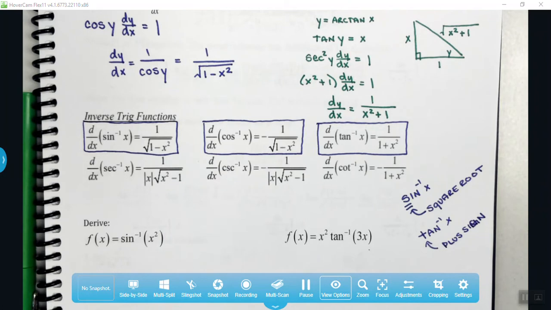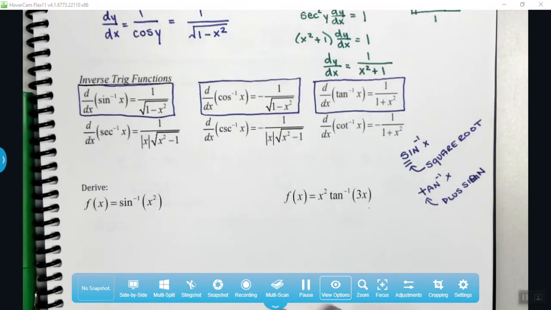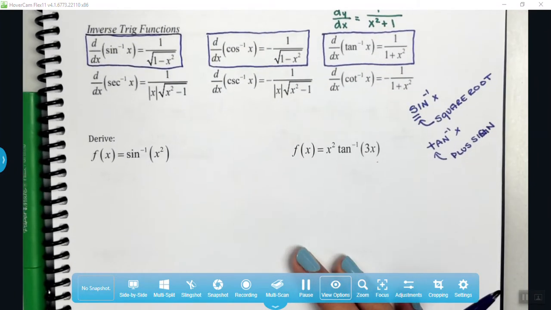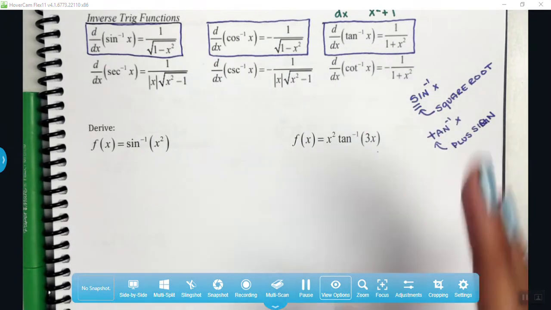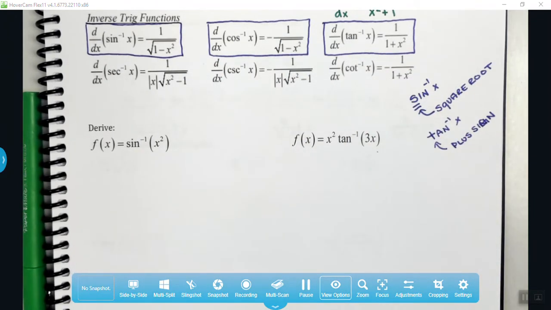That's how I remember which one should be plus and which one should be minus, and which one should have the root. But you don't have to memorize that. If you can just memorize the formulas, then you don't need it.